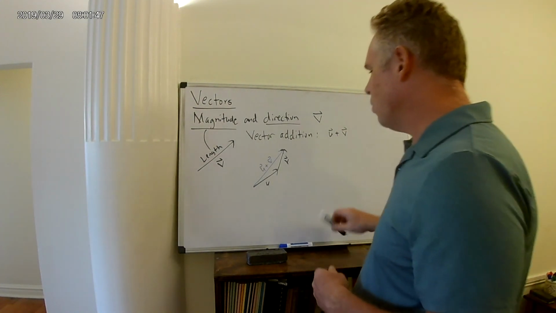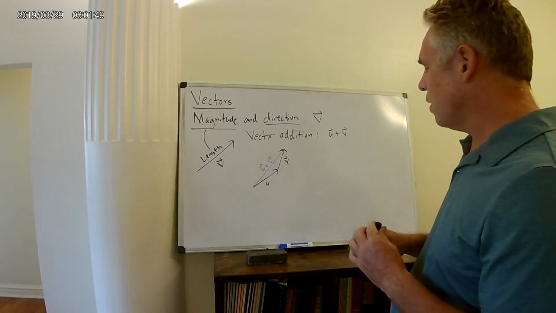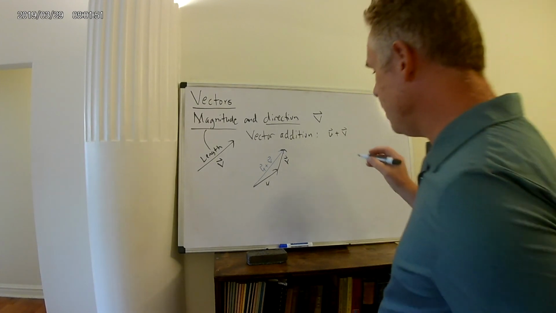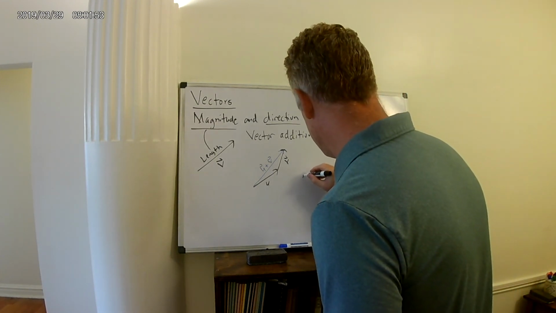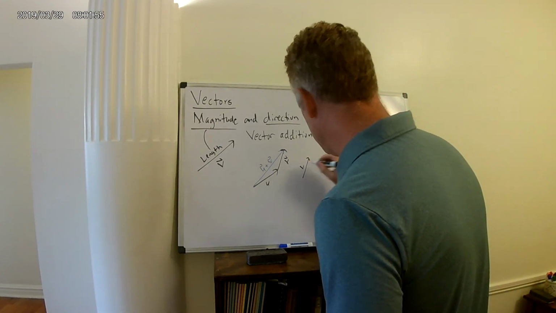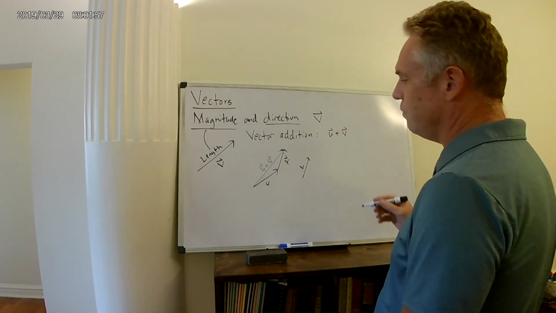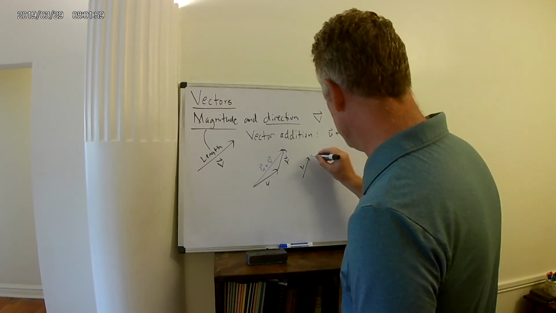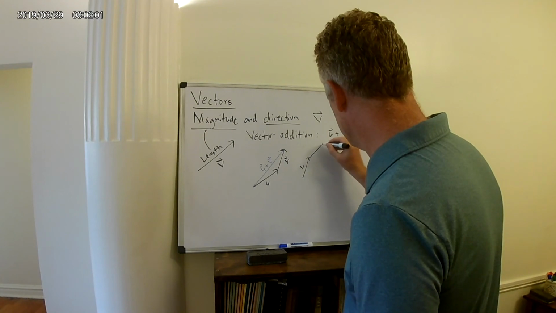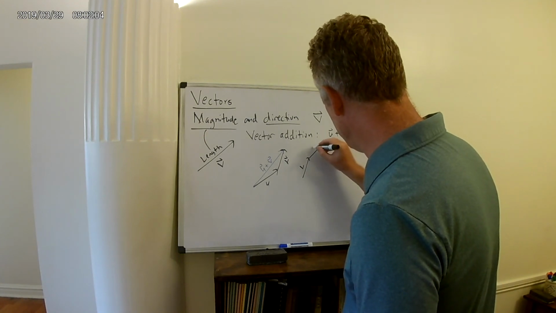Now, an important point to note here is I could have also started with the vector v. So I could have started like this. That's v. And then I could have placed the tail of u at the tip of v, so I get something like this. u.